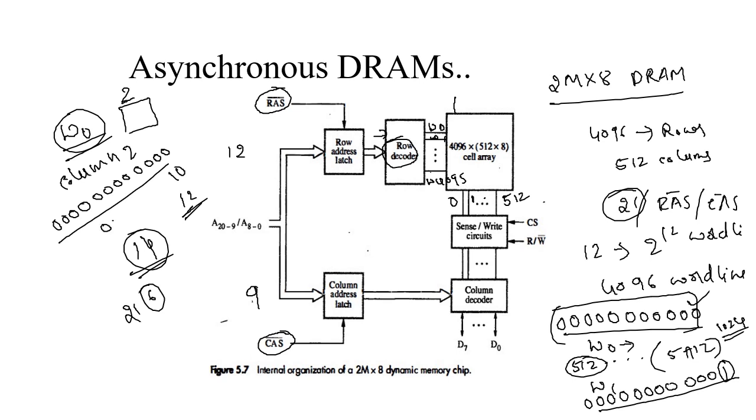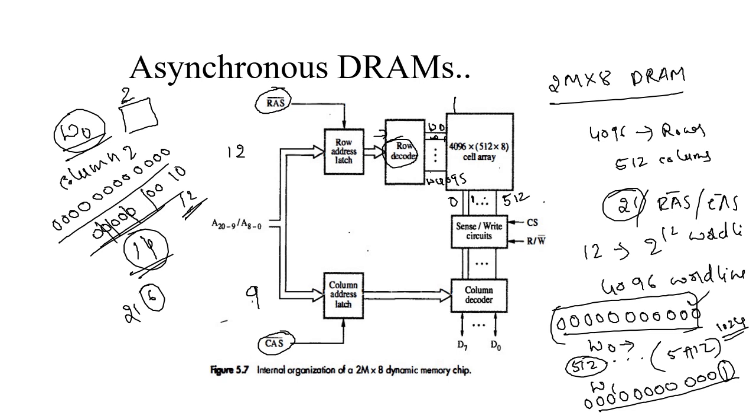So it is a 9-bit address: first 4, next 4 zeros, and the last 1 bit. If you give this address to the column address latch, then it will select column 2 of word line 0, and you can access the byte from that particular column.